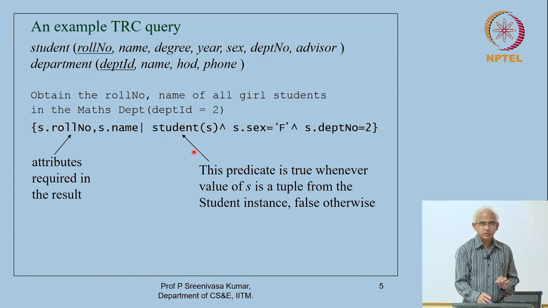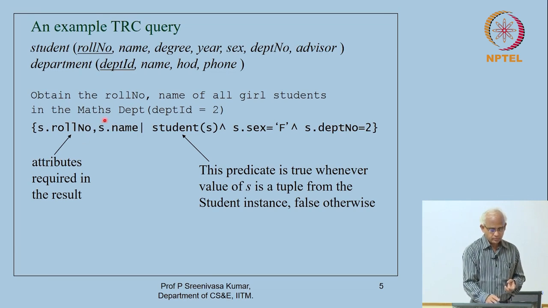Look at all possible assignments for the variable, and those assignments that satisfy all these conditions will be used in order to project, you can even call it project, the attributes of interest from those tuples.